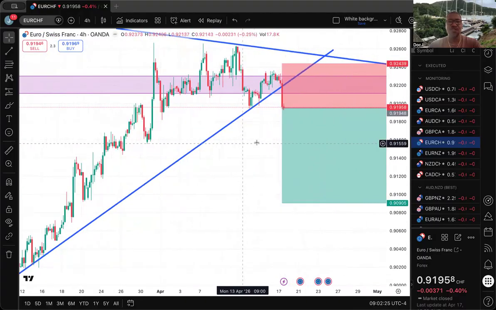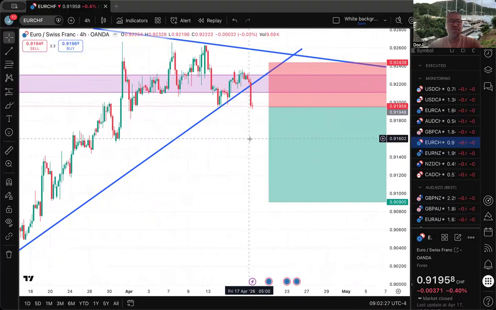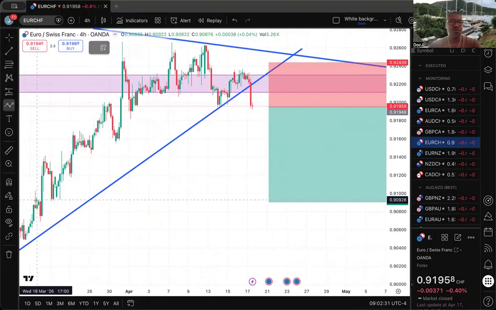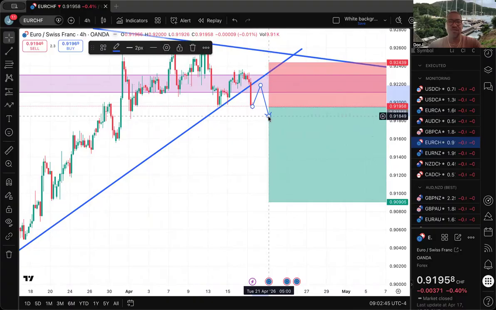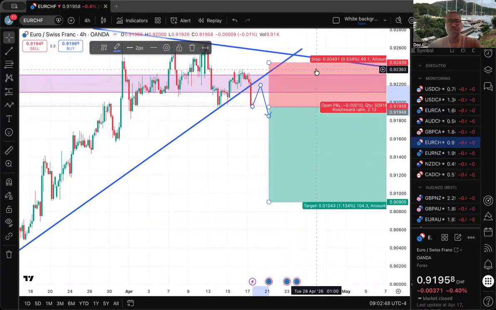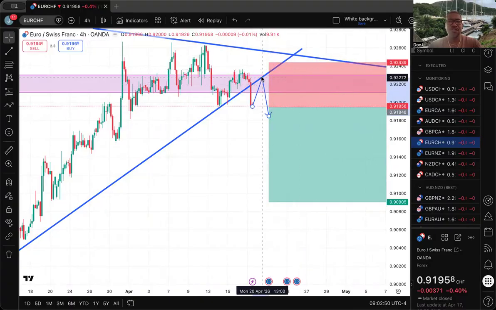Ideally, what I would want is for price to retest this area and reject the area, meaning that either it rejects the area of interest or it does not create another high.